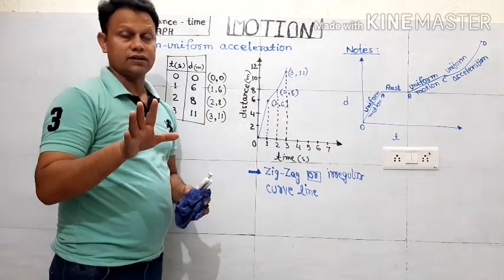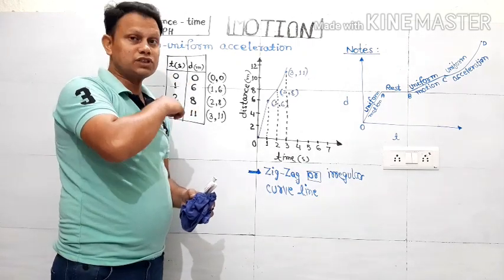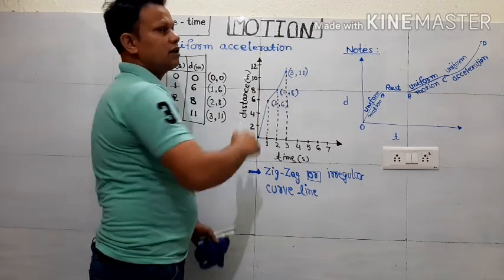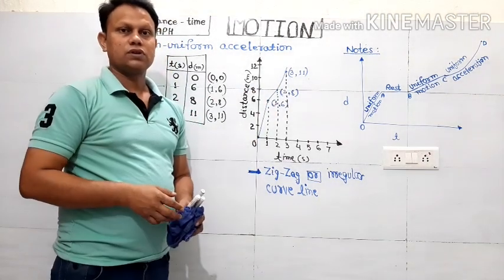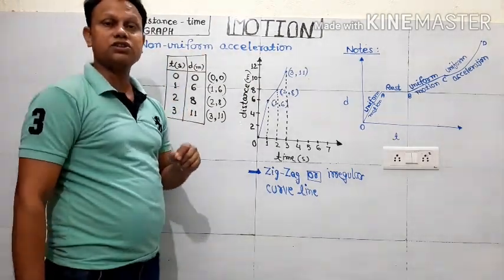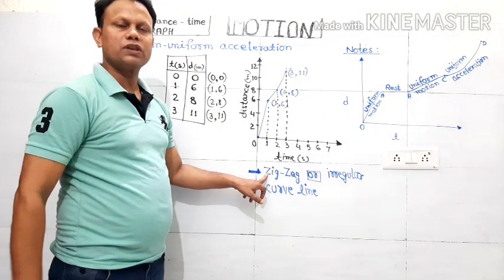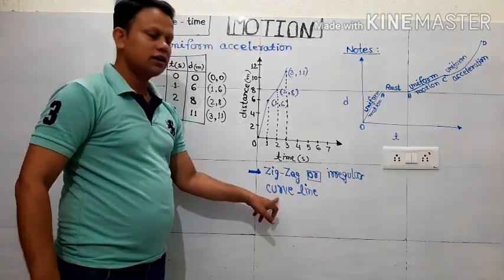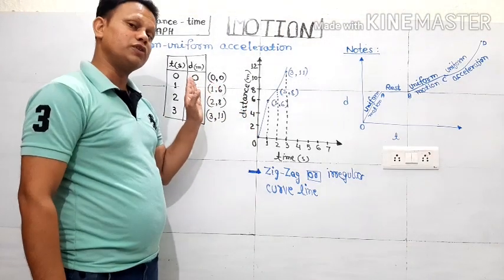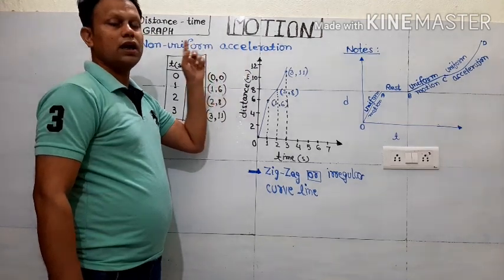It is a curve line, but in uniform acceleration it was a regular curve, whereas here you can find that it is an irregular curve. So what kind of graph do we conclude for non-uniform acceleration? It's a zigzag, that means something like an irregular curve line.